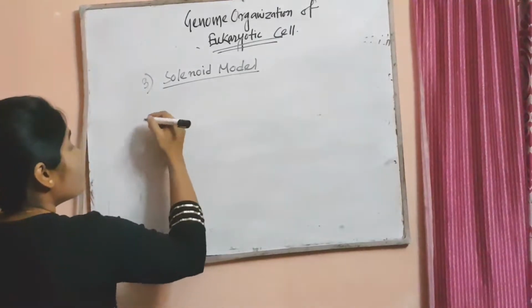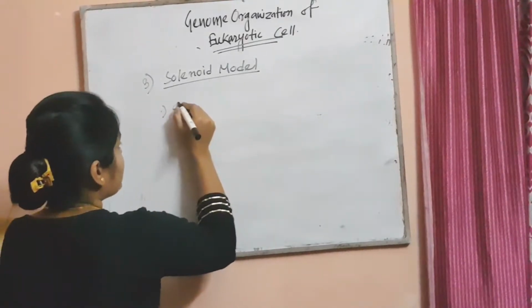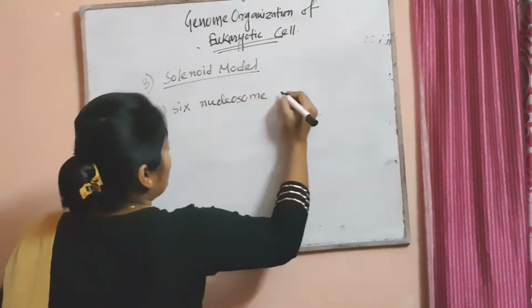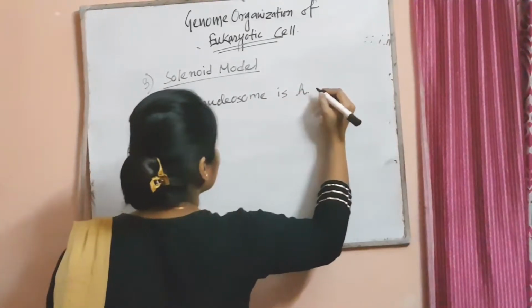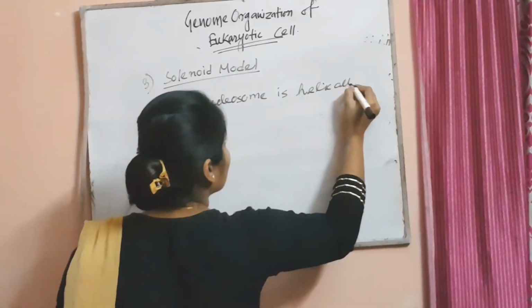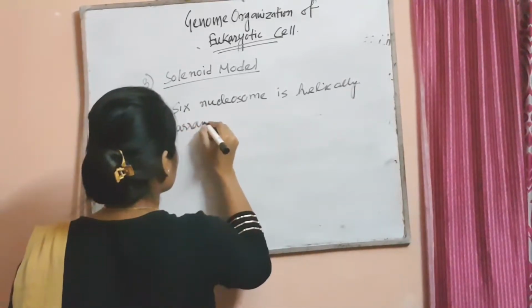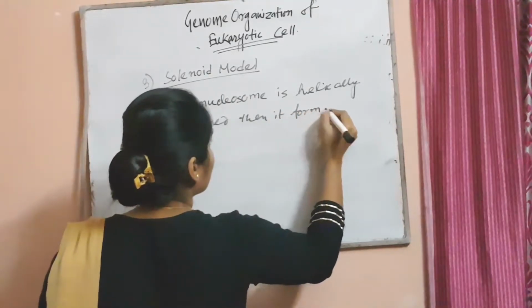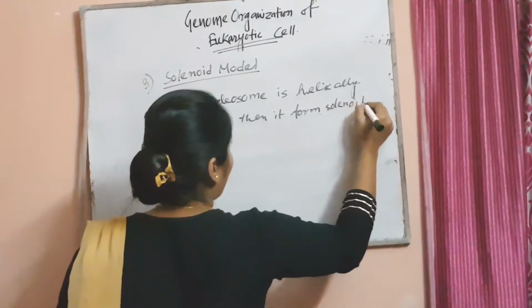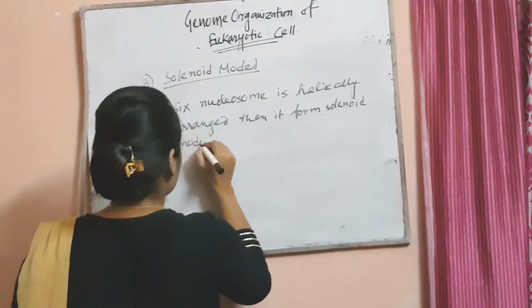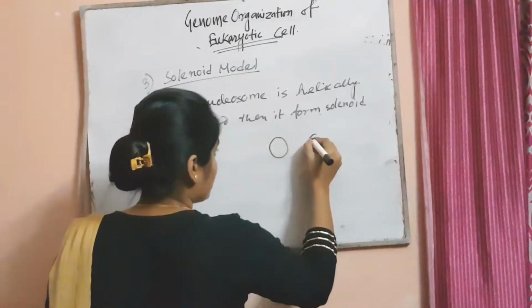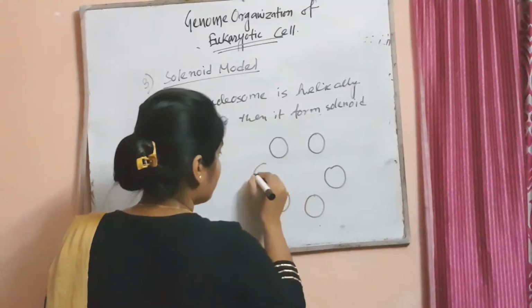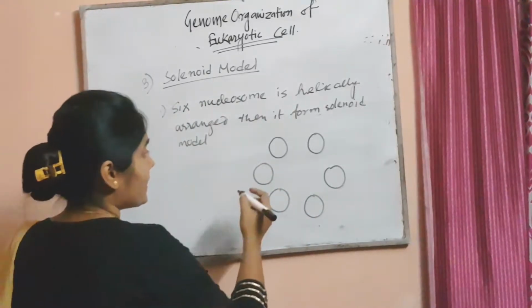So when we see 6 nucleosomes helically arranged, then it forms the solenoid model. How? Like that one. This is 1, this is 2, this is 3, this is 4, 5, 6. And the DNA interacts like that.